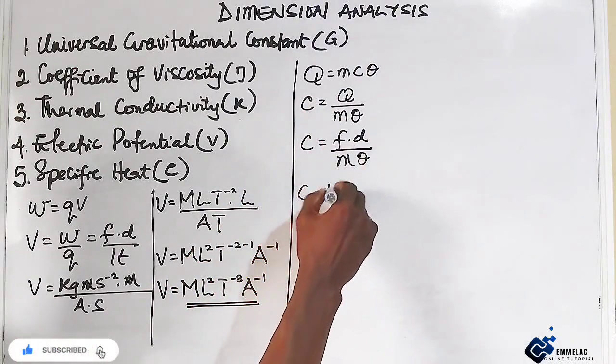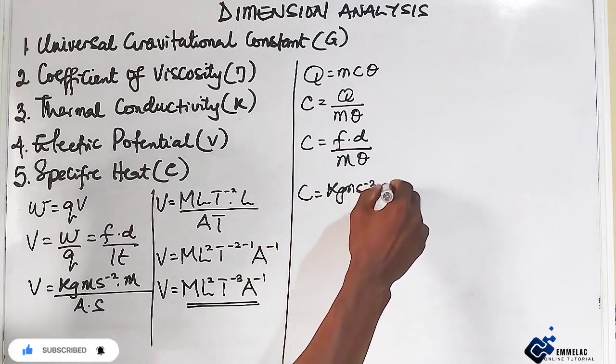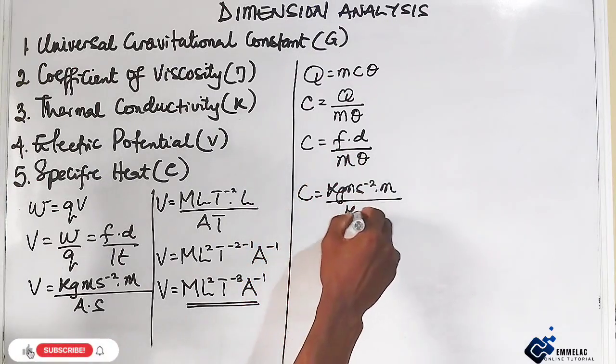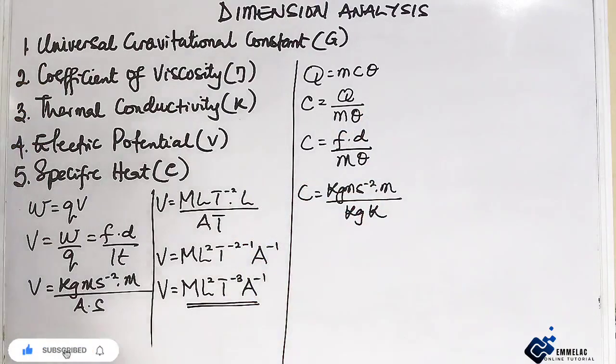Now for the unit here you have kilogram meter per second square times meter, which is the unit of distance, then mass kilogram, then temperature, that will be Kelvin.